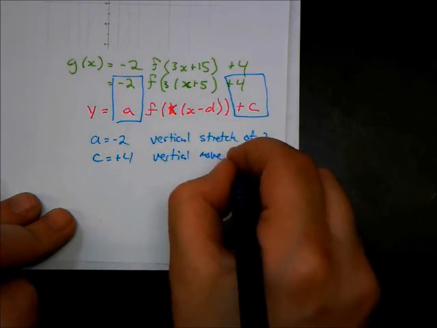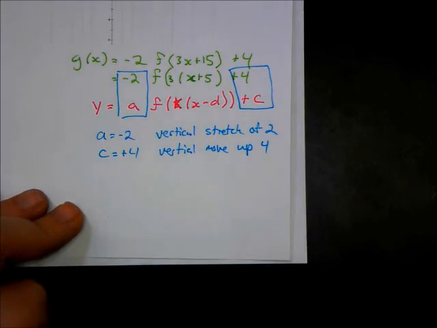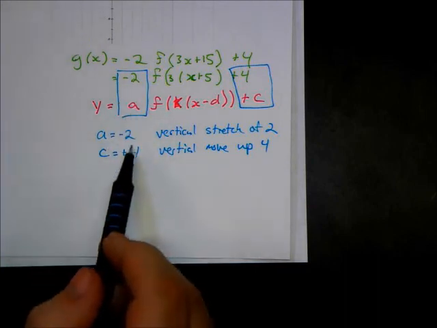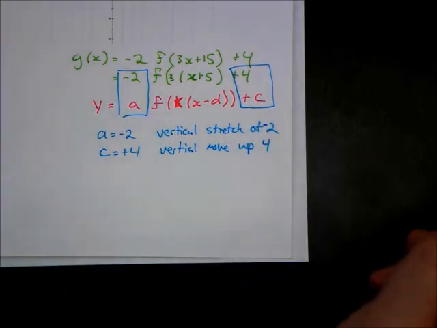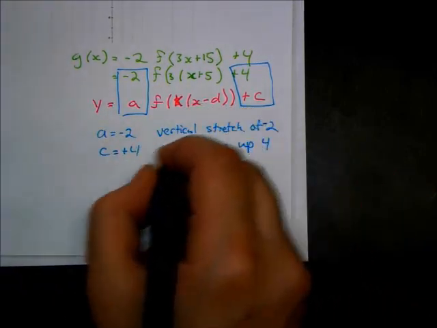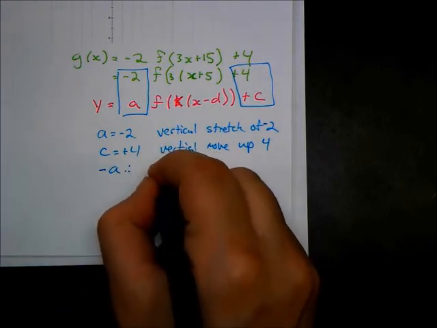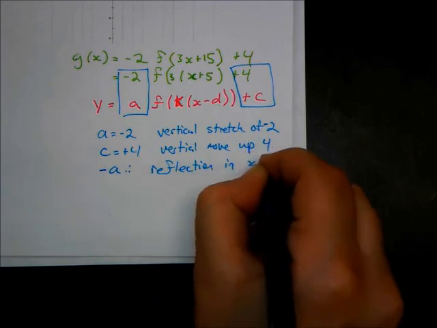It's positive, up 4. So a and c, both vertical. Very simple. Whatever number is here, that's a stretch of whatever number that is. Sorry, it's a -2, my mistake. That's indicative of a reflection as well. -a, therefore reflection in x-axis.